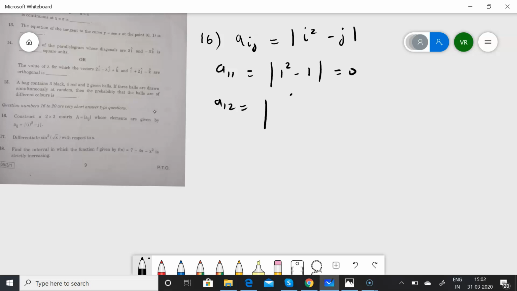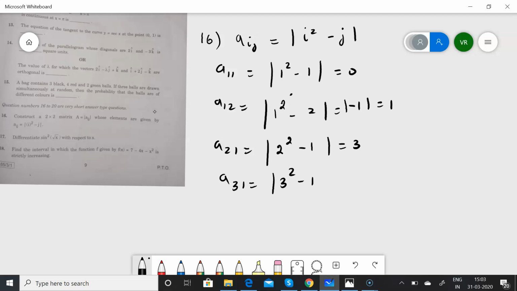A12 is now going to be 1 squared minus 2, which is equal to minus 1. A21 is equal to 2 squared minus 1, which is equal to 3. And so modulus of minus 1 is now going to be 1. So A22 is equal to 2 squared minus 2, which is equal to 4 minus 2, which is equal to 2. Hence the required matrix is 0, 1, 3, 2.